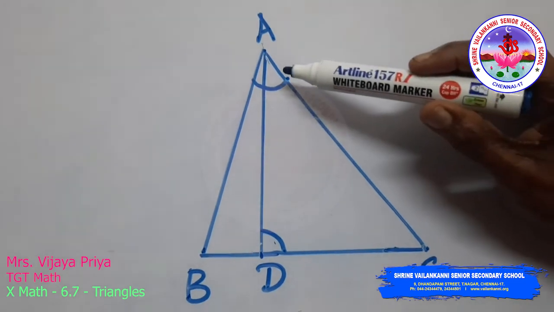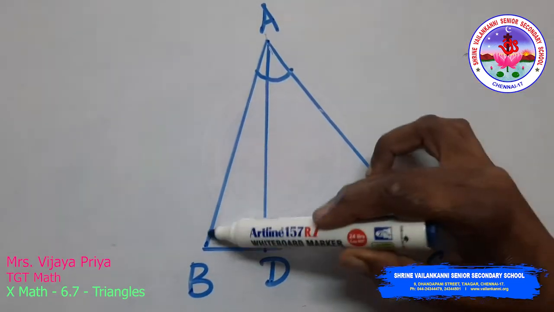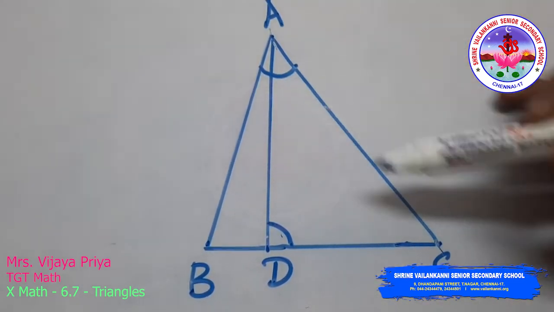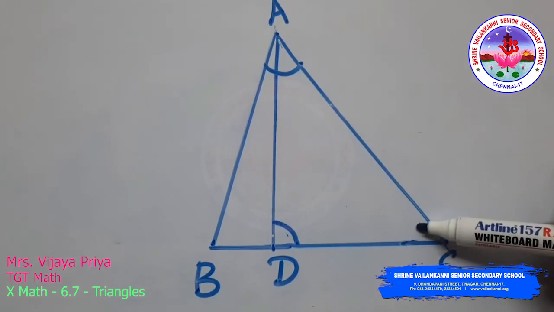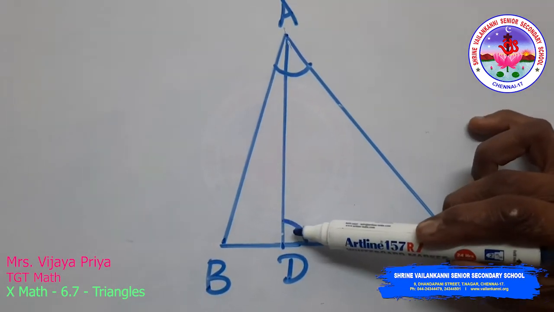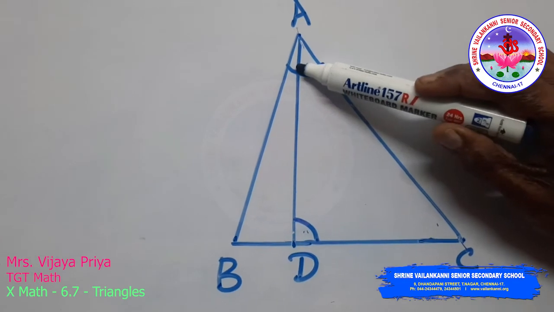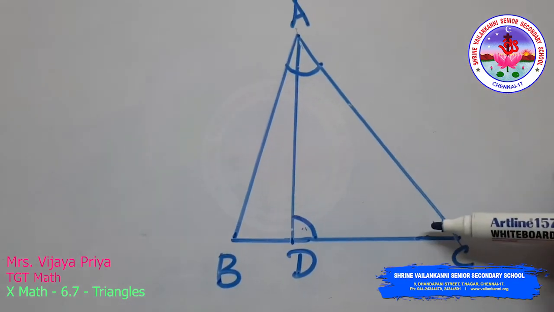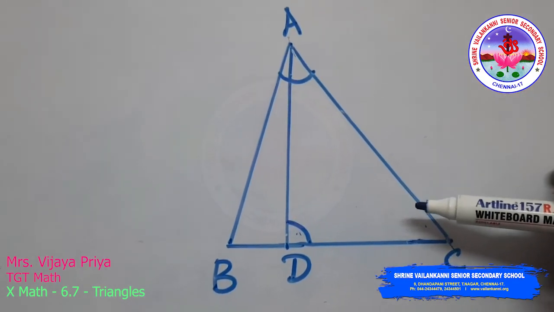In these two triangles I have angle C as common, and we know by the statement angle D is equal to angle A. With this concept, I am going to prove that these two triangles are similar.